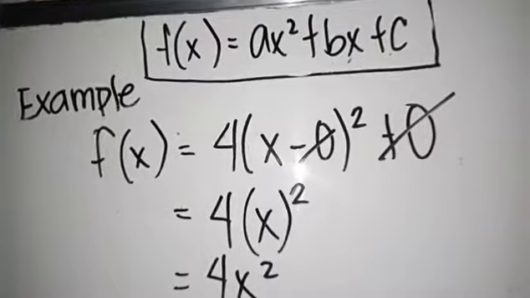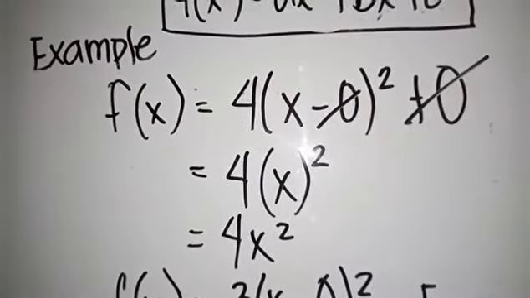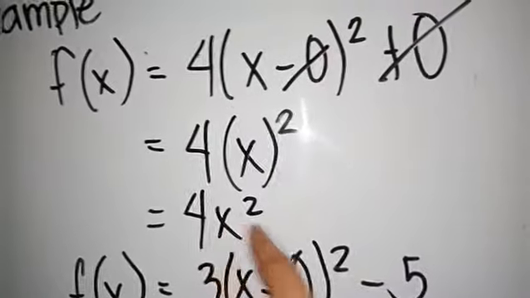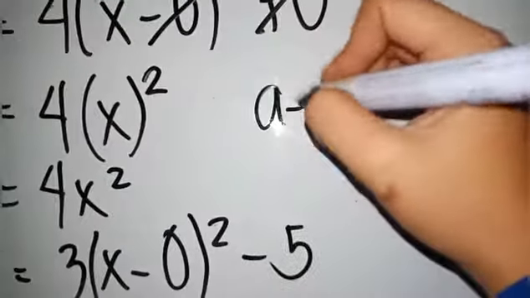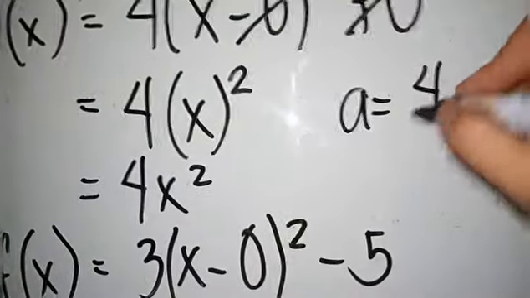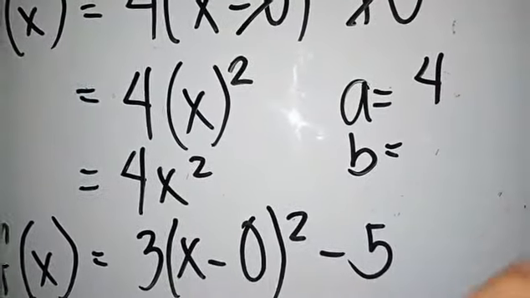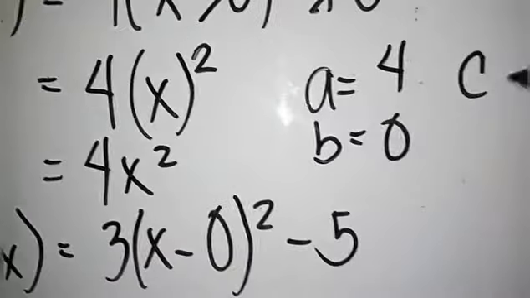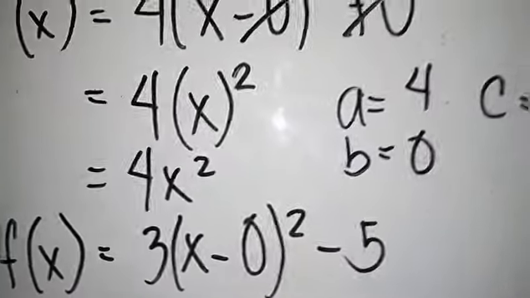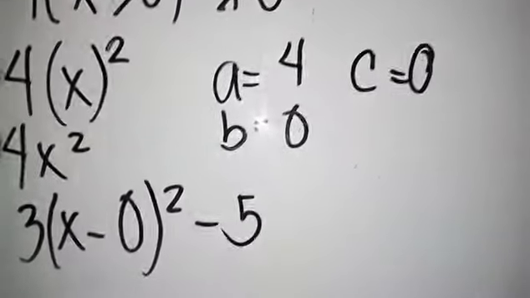Okay, so yung ating a ngayon dyan ay yung ating nasa quadratic term, which is ito. So, we can say that a is equal to yung ating coefficient doon na 4. Yung ating b, since wala tayong linear term, ay 0. Then, yung ating c ay wala din, which is our constant. So, sulat lang natin ulit as 0.